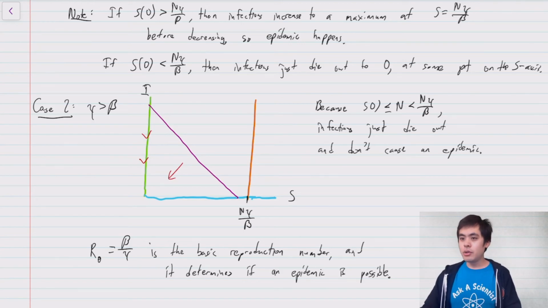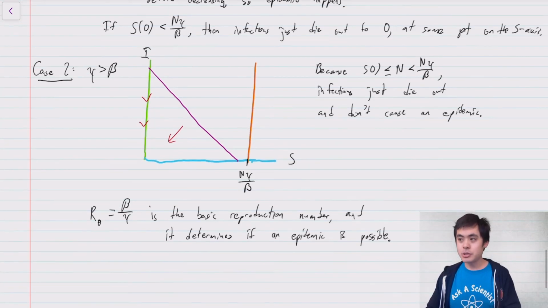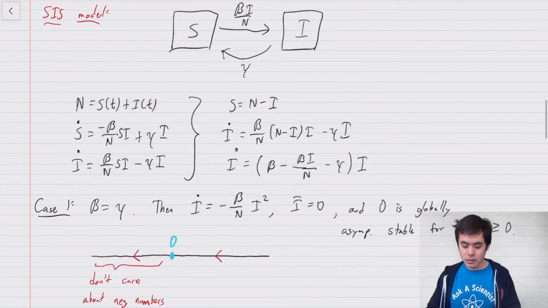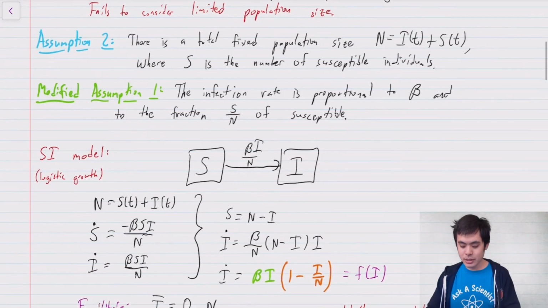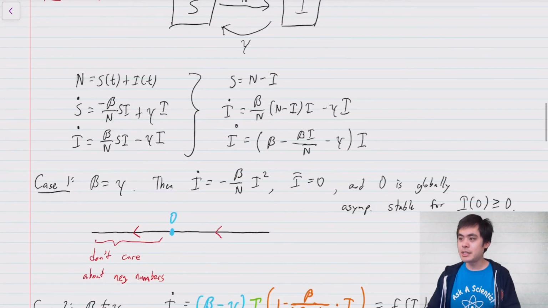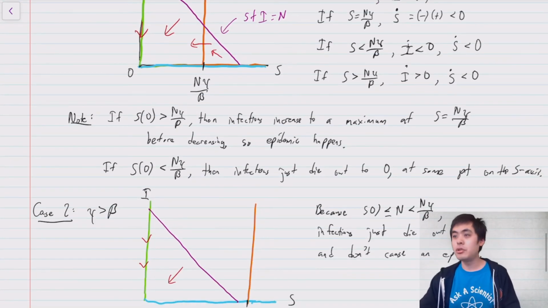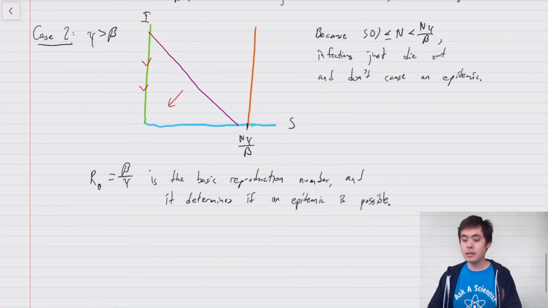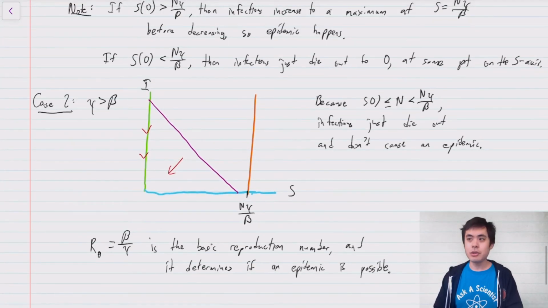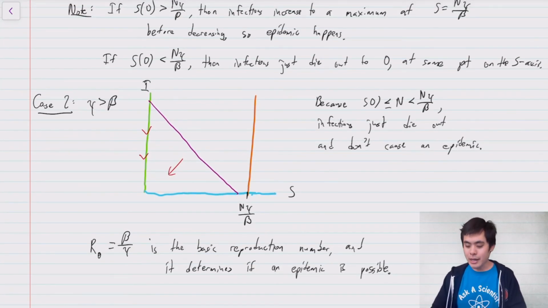Okay, so now we've seen a couple different examples. We saw the SI model, the SIS model, and the SIR model, and I'm going to leave you with another example that we're going to look at a little bit more carefully in the in-class exercises. So this is going to be the SIRS model.